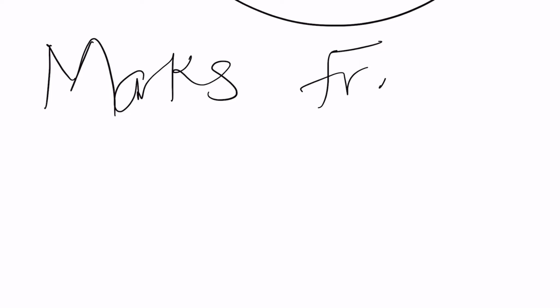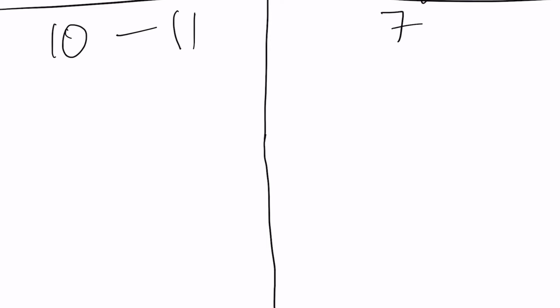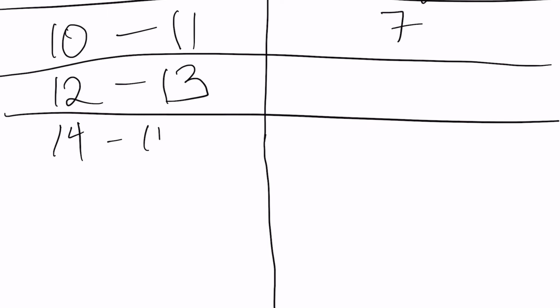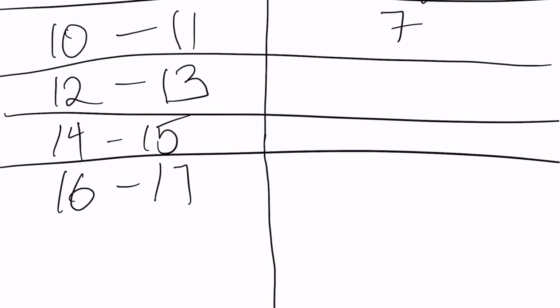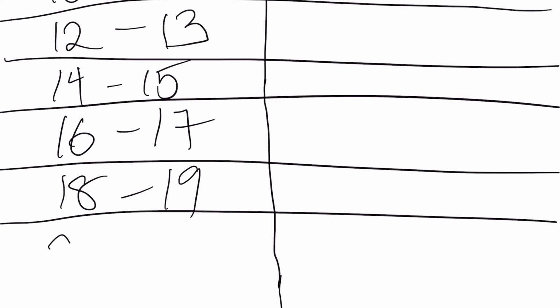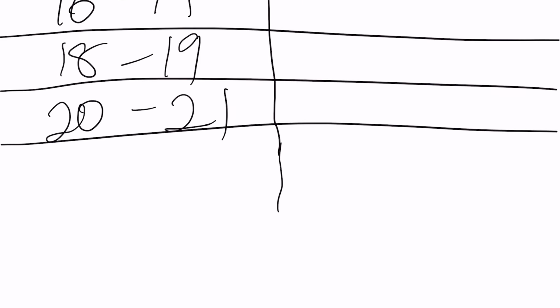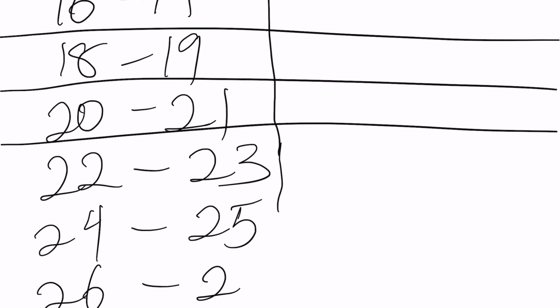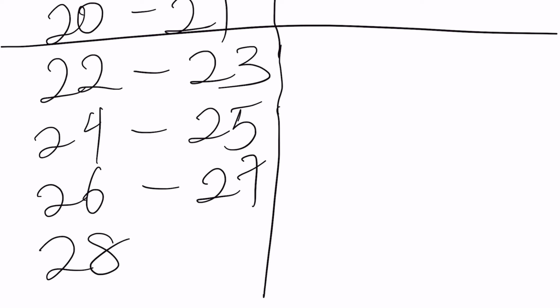So we have our marks and our frequency. We have 10 to 11, which has a frequency of 7, then 12 to 13, 14 to 15, 16 to 17, 18 to 19, 20 to 21, 22 to 23, 24 to 25, 26 to 27, and 28 to 29.